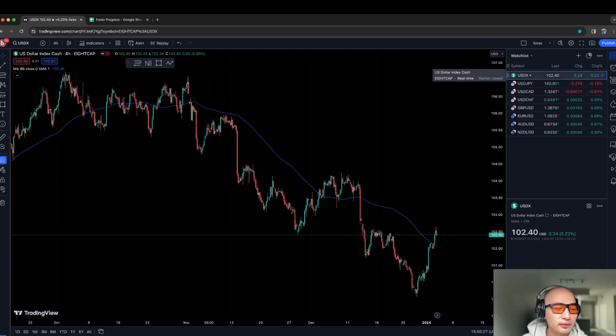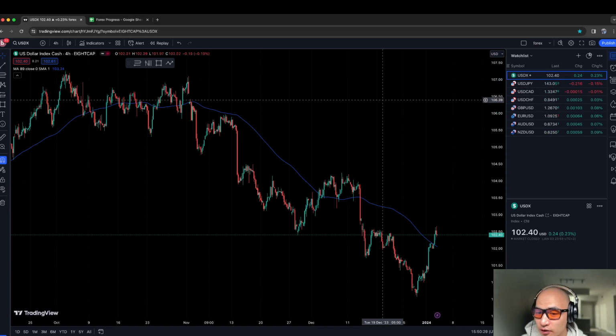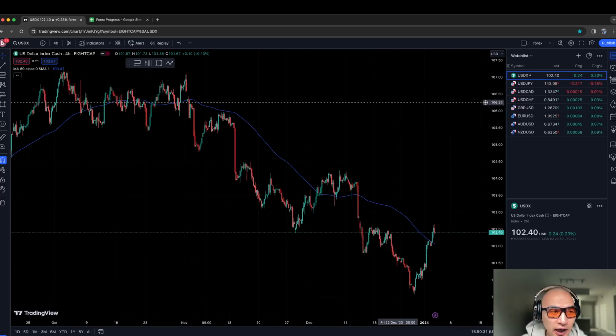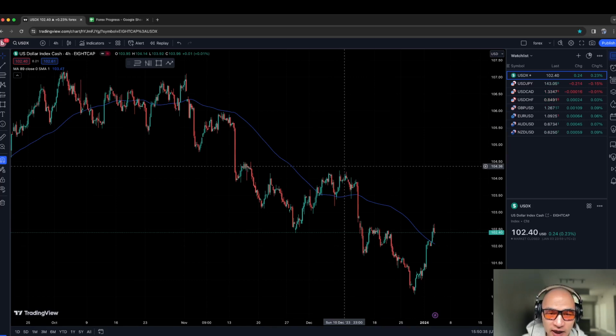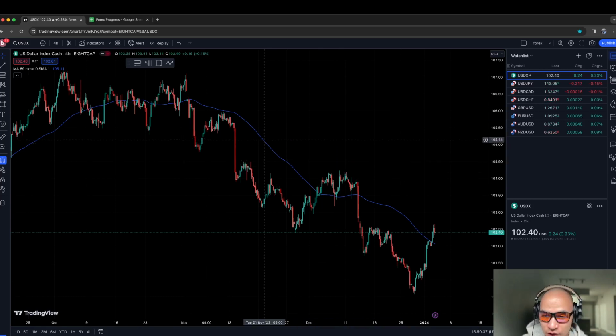Okay, now we are looking at the dollar index. As we can see, on our 4 hour chart, we have our 89 period moving average going on.